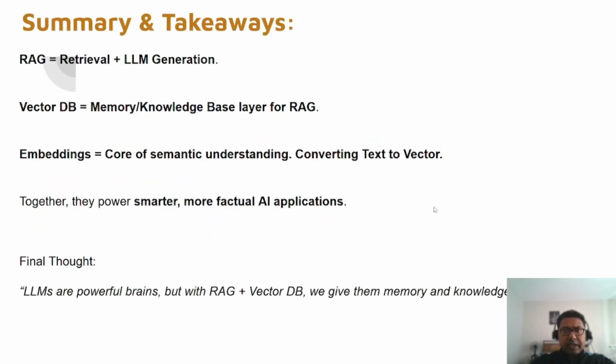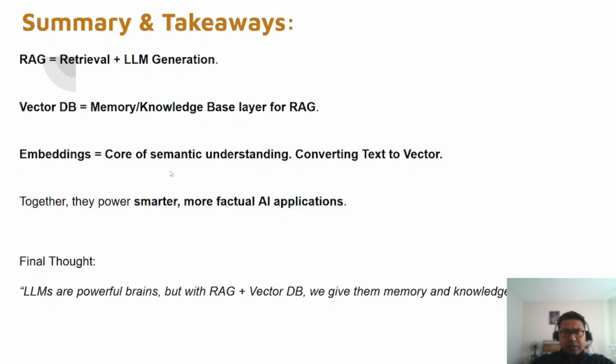So this is the end slide, a summary of what we have learned today. We learned RAG, we know now what is retrieval, what is LLM generation. We learned about vector DB, the memory or knowledge base layer for RAG.